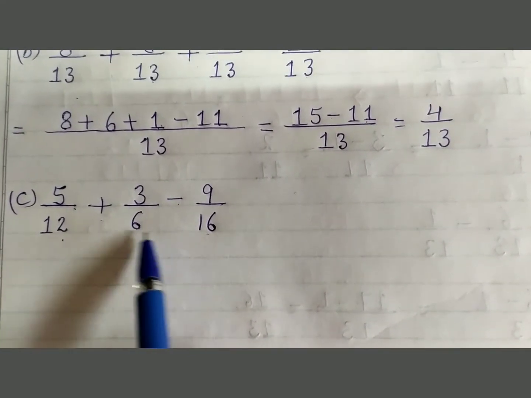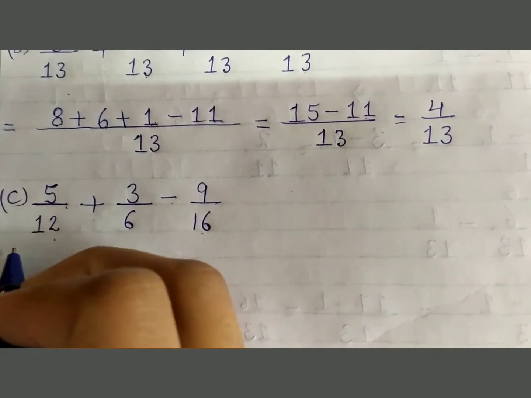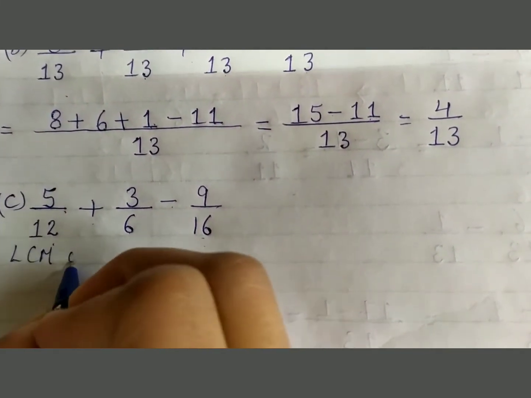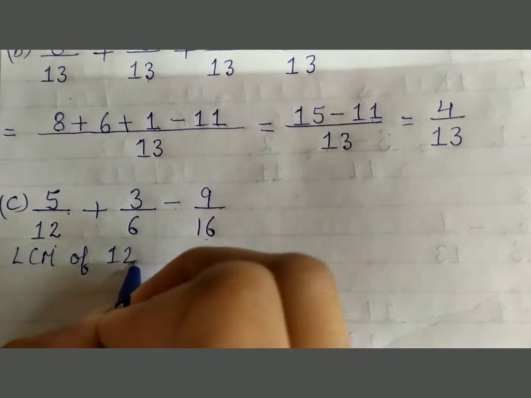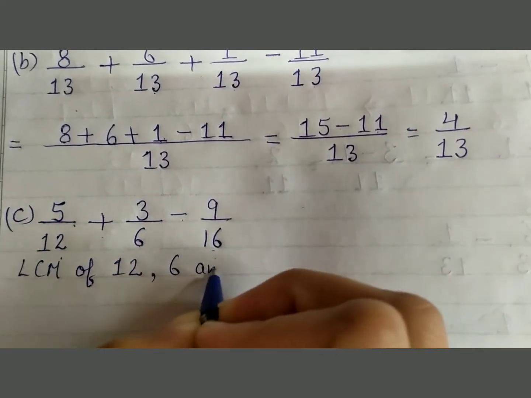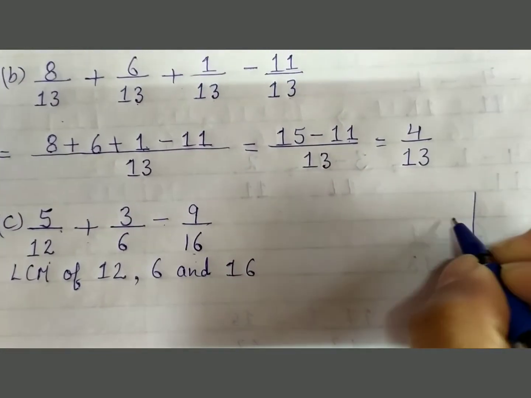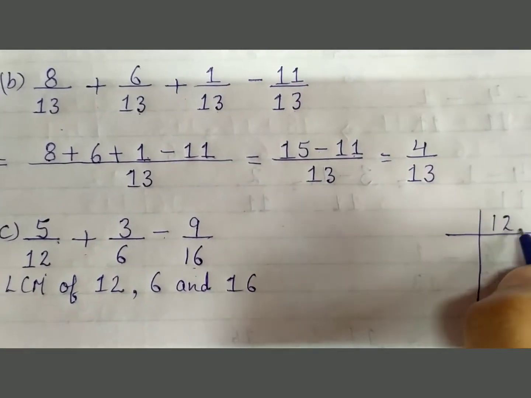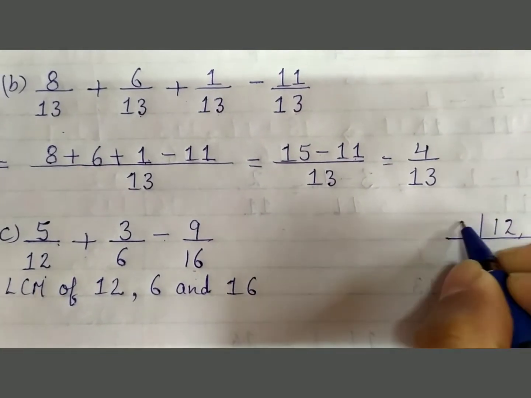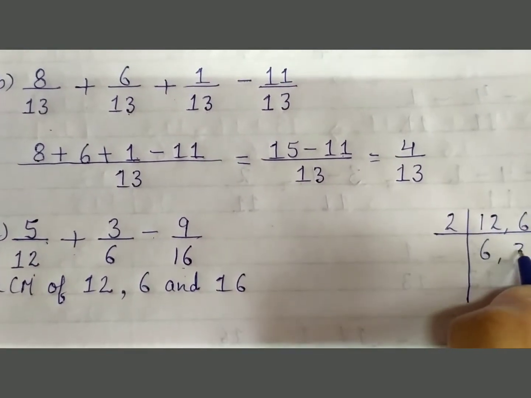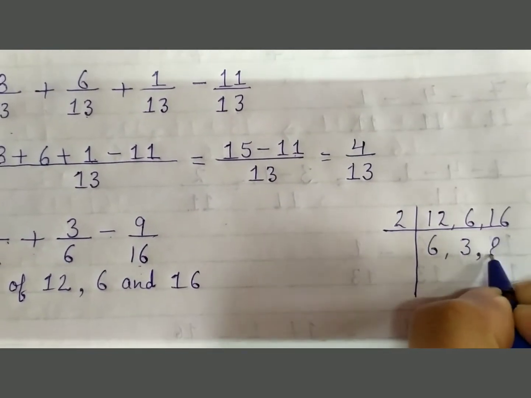Next question is 5 upon 12 plus 3 upon 6 minus 9 upon 16. Children, the denominators are not the same. So find out the LCM of 12, 6 and 16. Write 12, 6, 16. 2 sixes are 12, 2 threes are 6, 2 eights are 16.